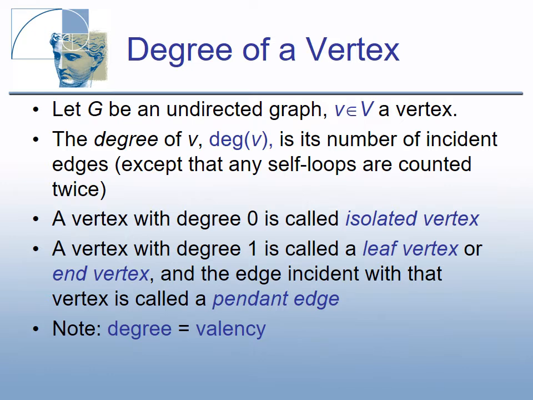A vertex without any connections is called an isolated vertex. A vertex with only one connection is called a leaf vertex or end vertex, and the edge incident with that vertex is called a pendant edge. The words degree and valency are synonyms in graph theory.